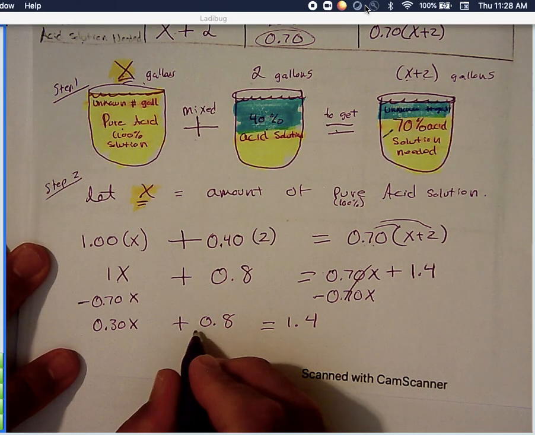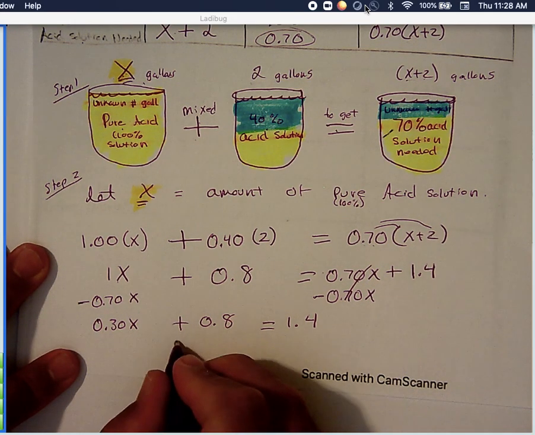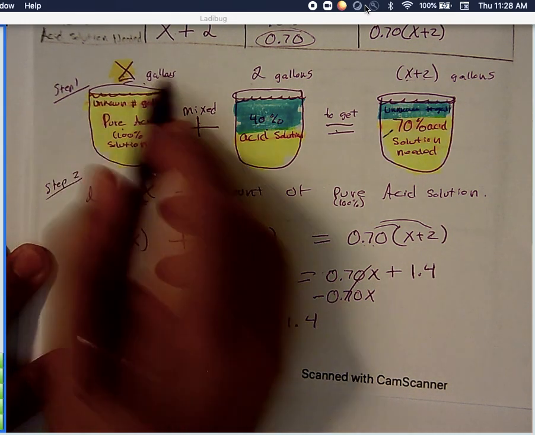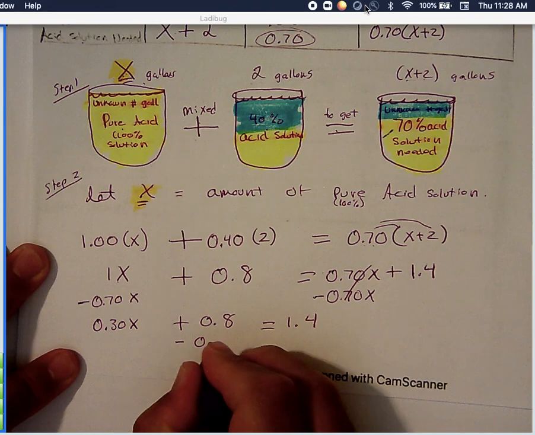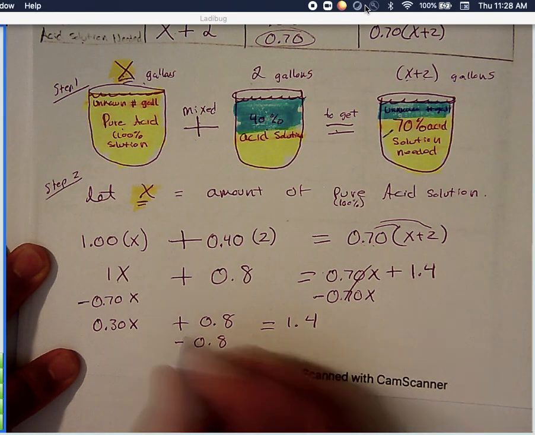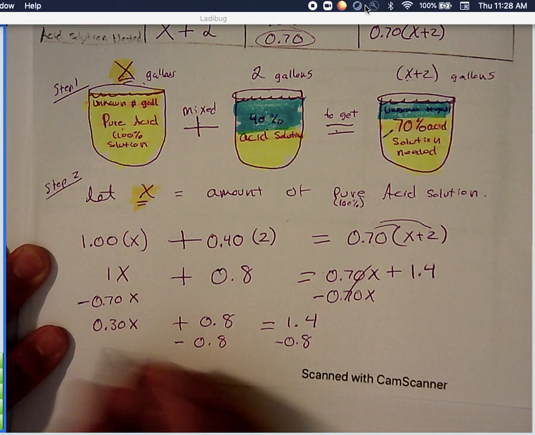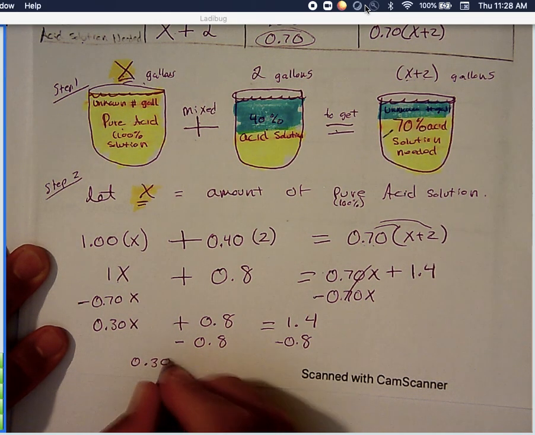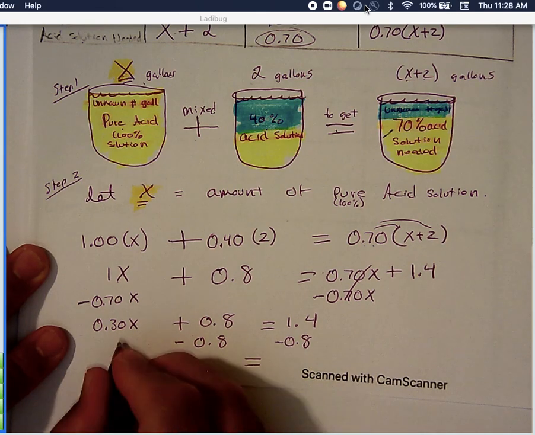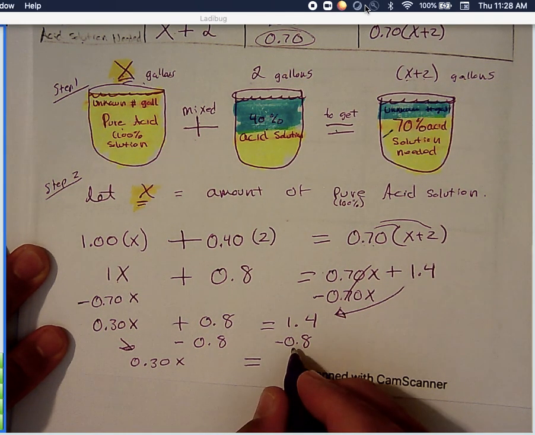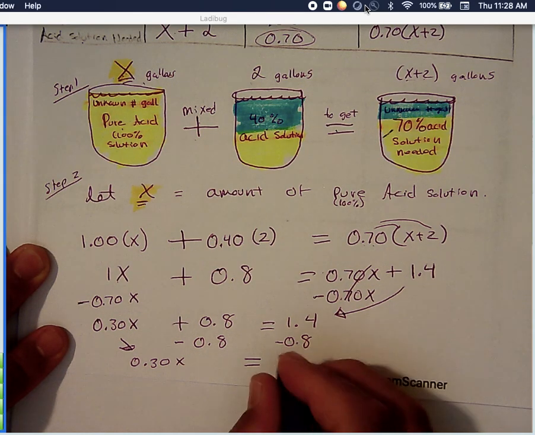Now we need to get rid of this because we're solving for x. We want to know what x, the x amount of gallons, is. 0.8 minus, right? That's positive, so we use the inverse. So 0.3x is equal, so we're bringing this stuff down, it's equal to 0.6.